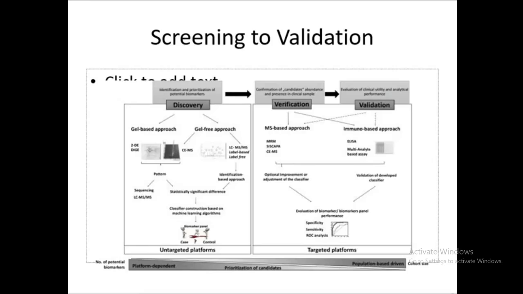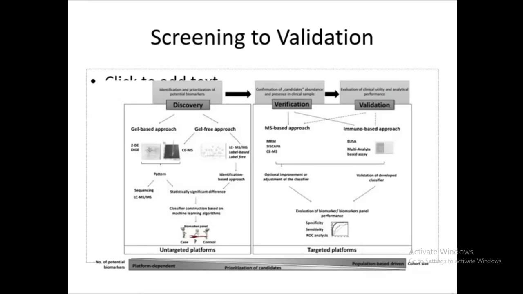Once you've discovered it and verified that it does appear to have an impact on disease and is a potent biomarker of interest, the next step is how to bring this to a clinical setting. That is where immuno-based bioassays can be extremely useful, because they have the potential to be high throughput, accurate and precise, and it's at the end of this process that you may want to employ them for clinical diagnosis or prognosis.